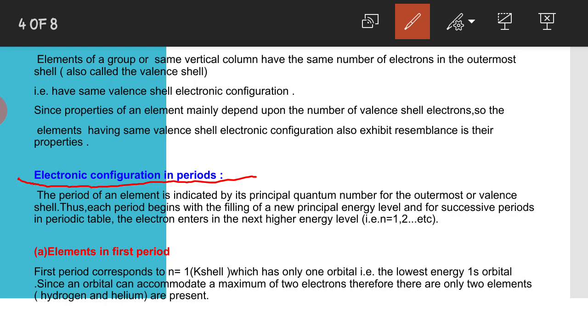Elements in first period. First period corresponds to n equal to 1, which means K shell, which has only one orbital, the lowest energy 1s orbital. Since an orbital can accommodate a maximum of 2 electrons, there are only two elements, hydrogen and helium, present in the first period.